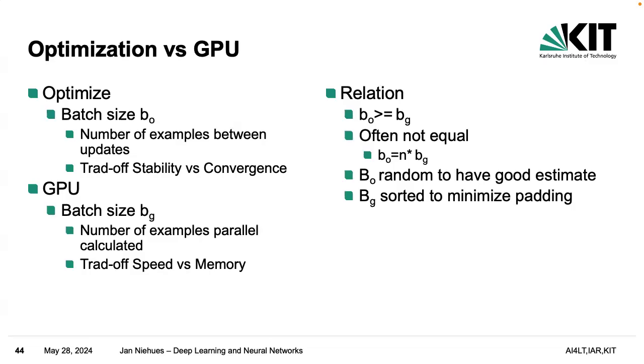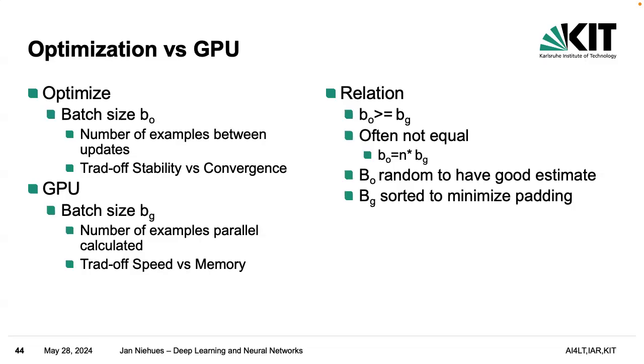And therefore, there we have the trade-off between speed and memory, and we maybe want to have more examples in there. So these two batch sizes can be the same, but they don't need to be the same. The only thing, of course, is that the batch size for optimization has to be bigger than the batch size for the GPU. You cannot update between the parallel calculations.